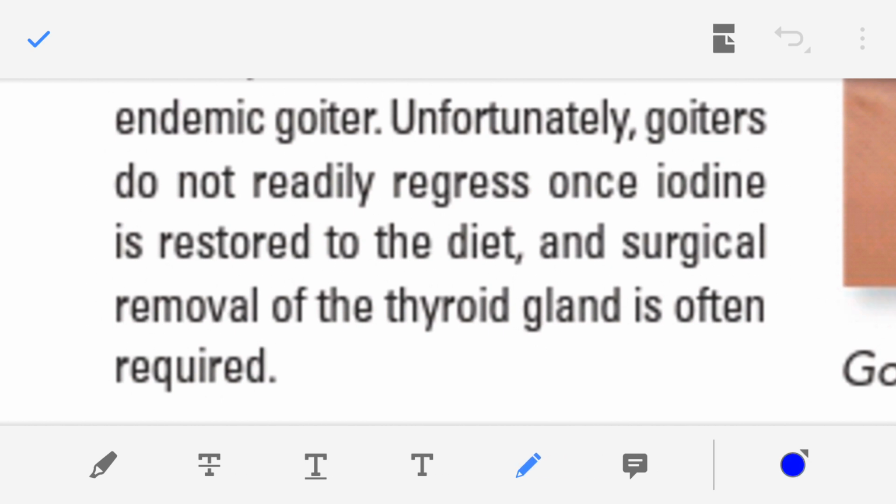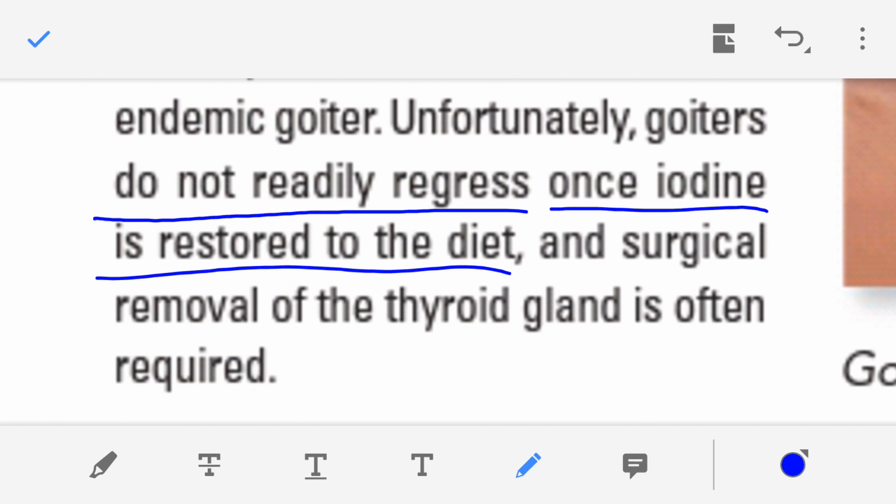Unfortunately, goiters do not readily regress once iodine is restored to the diet. That means once the size of the thyroid gland is enlarged, even if the patient is given food containing iodine, there is very little chance that the thyroid gland will decrease in size, because it is a very slow process.